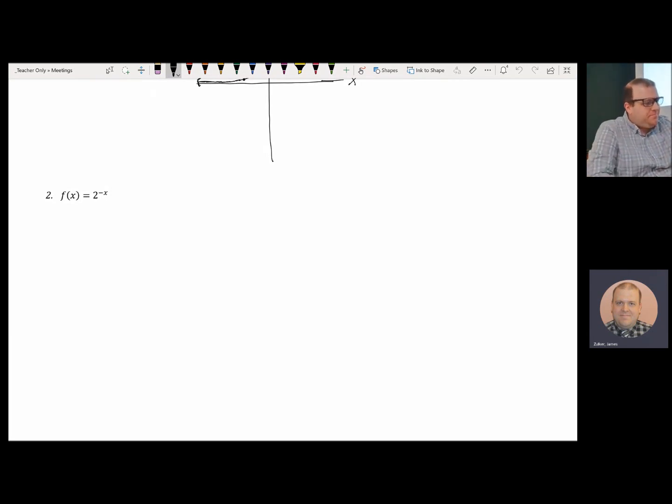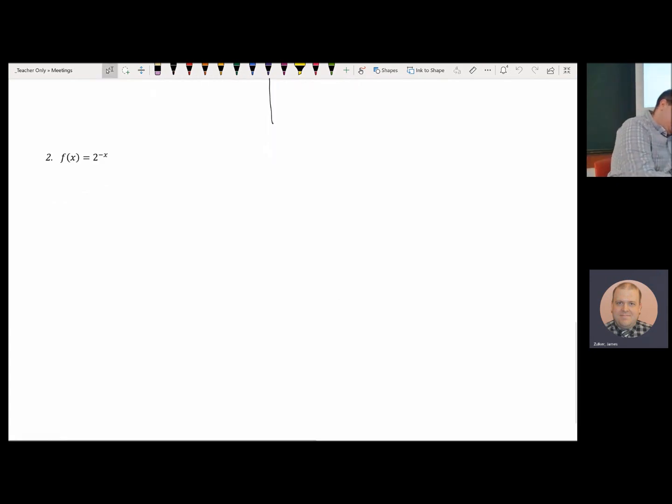Right? An exponential function is b to the x, not b to the negative x. Or if you write it as 1 over 2 to the x, that's still not exponential, is it? Still wouldn't be exponential. You have to do one extra step.